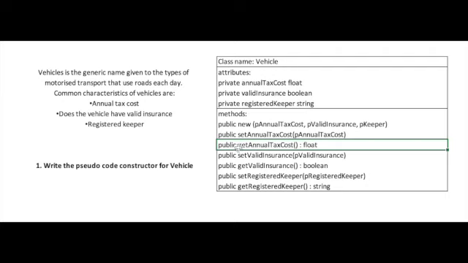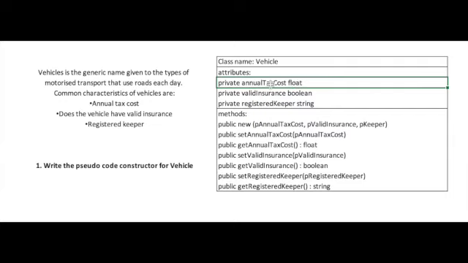So we can see here that get annual tax cost does not require any parameters, but it does have a return type, and it's returning the data type of float, because that is the data type of the annual tax cost.